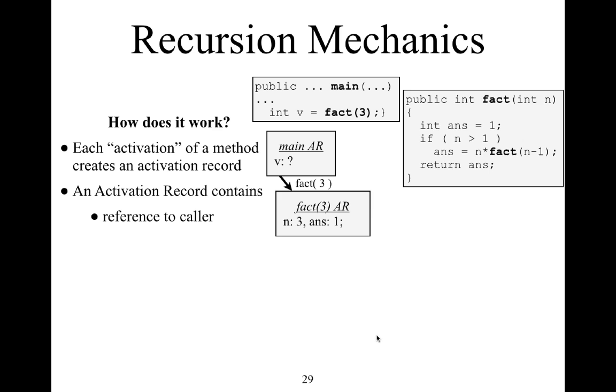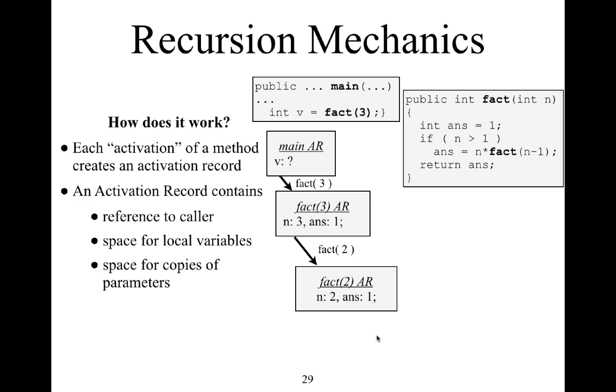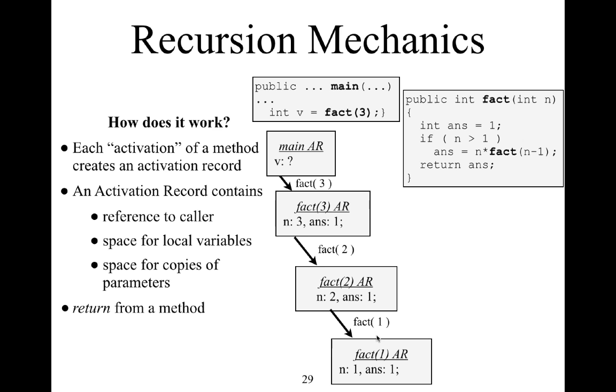The activation record, in addition to local variables and parameters, contains a reference to the caller, space for local variables, and space for copies of parameters. Here we have our main program, which is executing fact of 3.